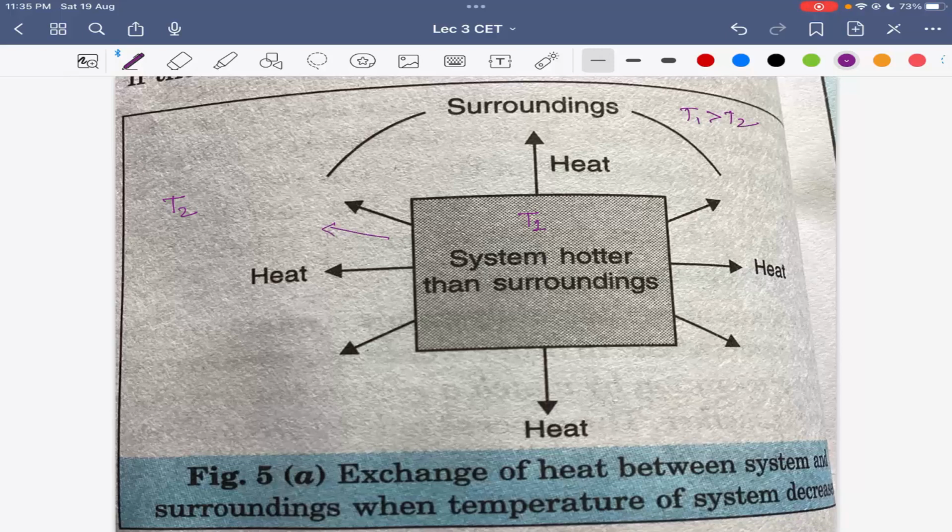That means heat is going to flow outward, and because of this T2 is going to increase to T2 dash, and T1 is going to decrease to T1 dash, and this is going to continue till T2 dash becomes approximately or exactly equal to T1 dash, right?